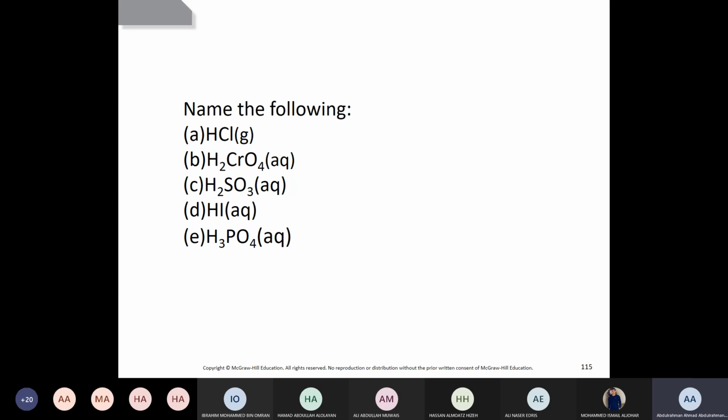Okay, what's the name of the first compound? Hydrogen chloride. Can I say hydrochloric acid? No, it's a gas. Good. What's the name of B? Hydrogen chromate.